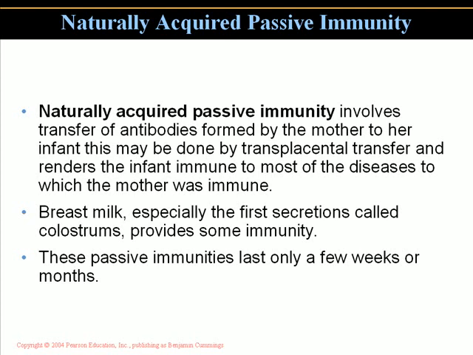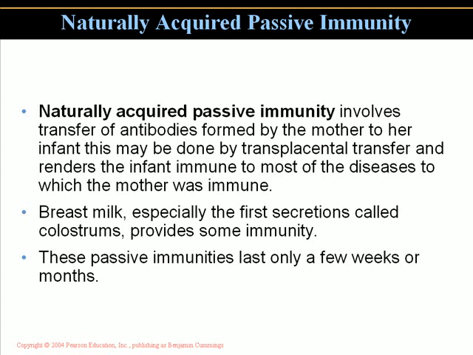Now, breast milk, especially the first secretion, which is called colostrum. Colostrum, I didn't test you on this, but it is a term that you should know. When you take OB, they'll go over colostrum. Colostrum provides a significant amount of immunity, and it's one reason why breastfeeding is promoted by mothers, because it confers a significant amount of immunities to the baby.